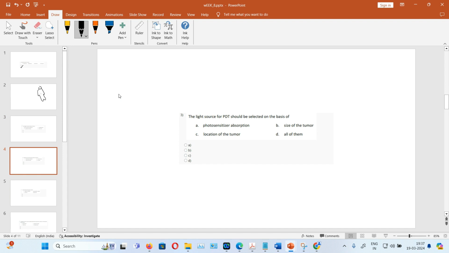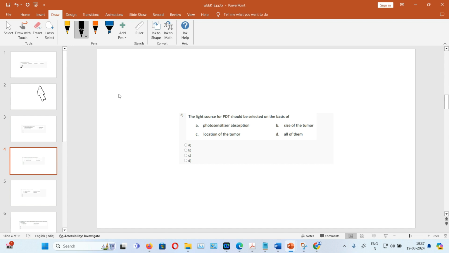The light source for photodynamic therapy should be selected on the basis of photosensitizer absorption. Now we see whether that can be true or not. There will be a photosensitizer, which is one of the main contents of our medicine. Why do we want a photosensitizer?